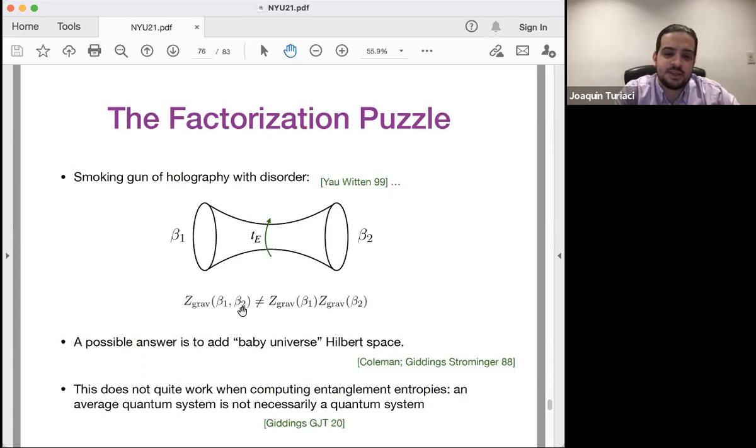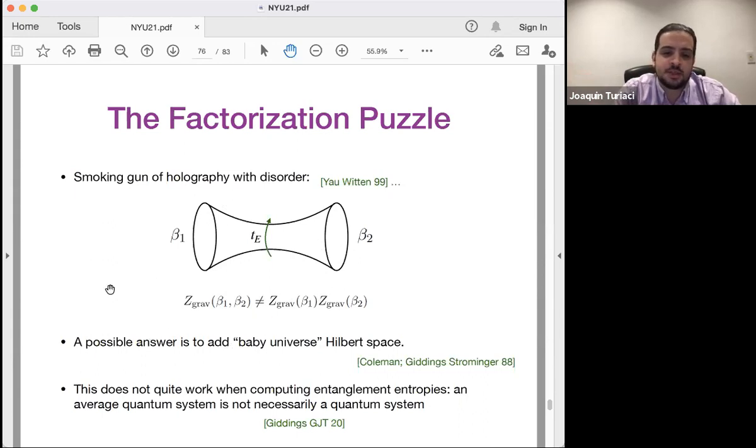Then the path integral in this two-boundary situation is not going to be the product of the two black holes. So if each black hole was dual to a quantum mechanical system, this should be an equality. If you give me one boundary, it's hard to tell that there is some disorder or some average over theories, but you can think of this as a smoking gun. If you compute this and this contribution is non-zero, then this will not be an equality, and then this will only make sense if you have some disorder.